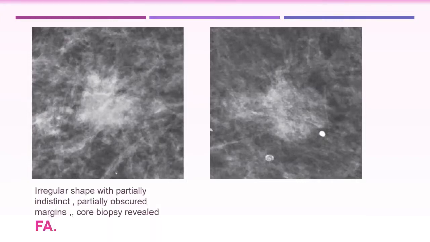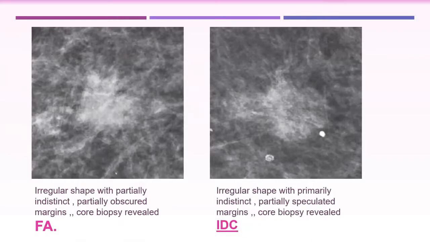So both of which have typical malignant features, at least BI-RADS 4C or even 5. However, the biopsy result on the right side turned out to be fibroadenoma, hyalinized fibroadenoma, while on the left it is invasive ductal carcinoma.